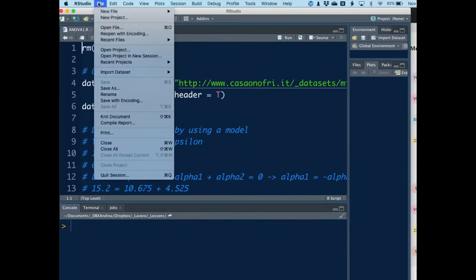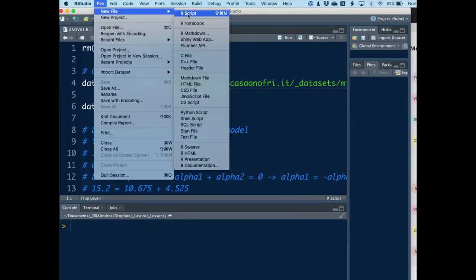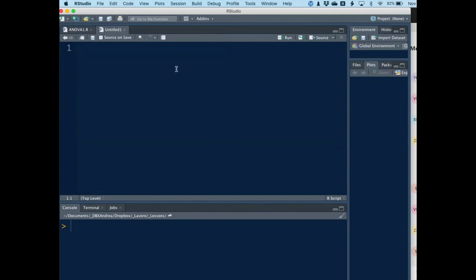I open a new script file. So we will start a new analysis now. And first of all, we clean the workspace as we did. That's necessary for me because my workspace is always full of lots of things.